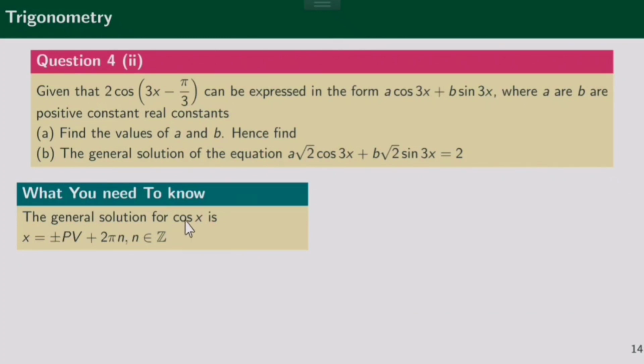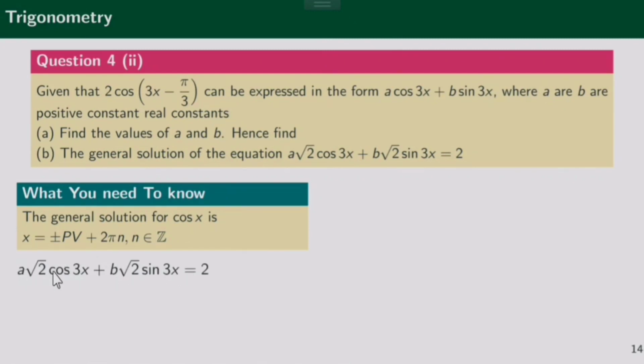The general solution for cos x is given by x is equal to plus or minus the principal value, plus 2 pi n, where n is an integer. So you need to find the principal value of that cosine equation and then add 2 pi n, where n is an integer. So this is what I have to solve.